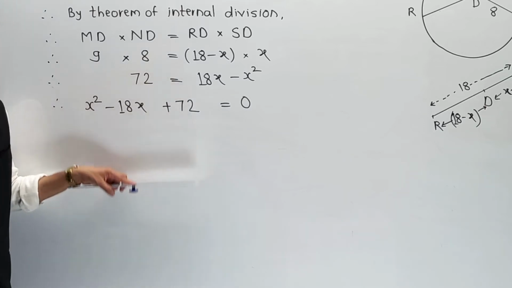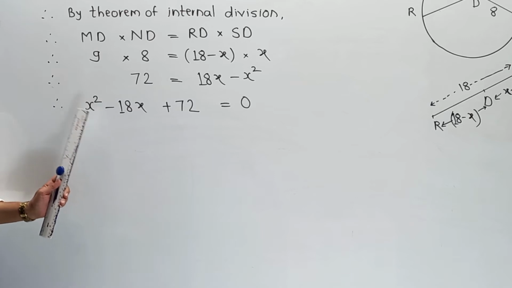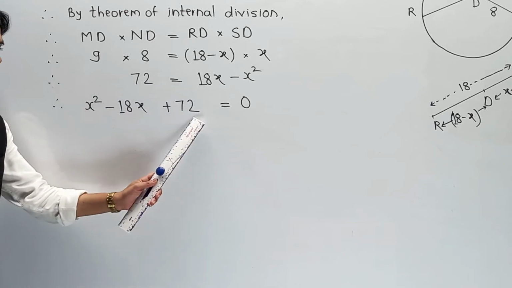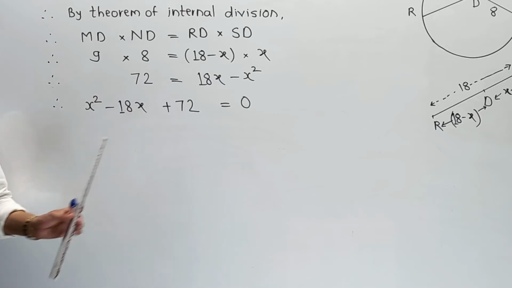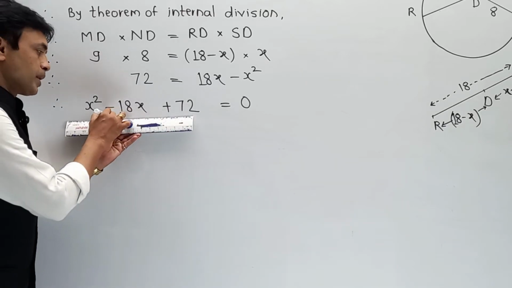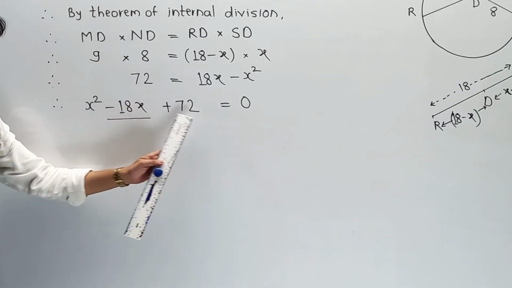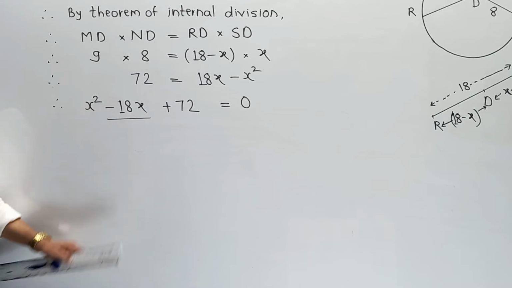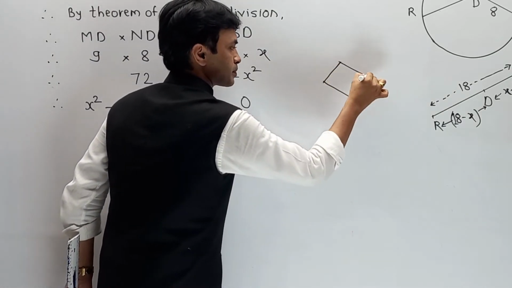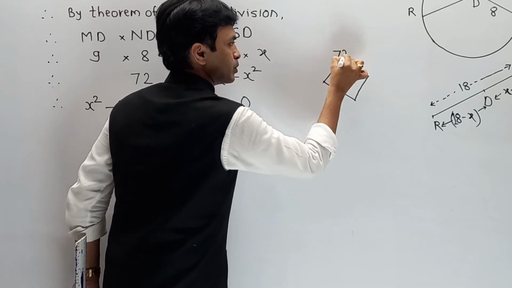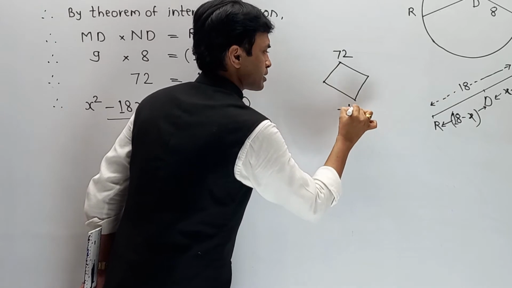Now definitely it's a quadratic equation and we have to simplify it. In this case, the coefficient of X square is 1. So 1 into 72 means we need a product of 72, and the sum is minus 18. Definitely you have to break this minus 18. So the product is plus 72 and the sum is minus 18.